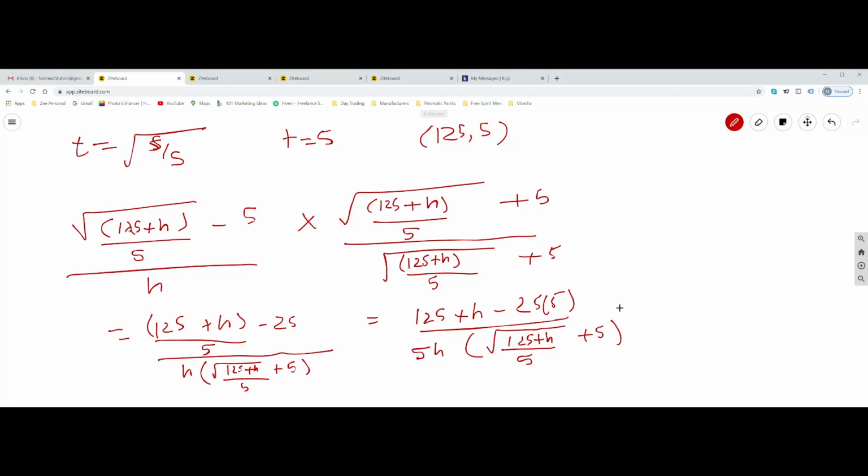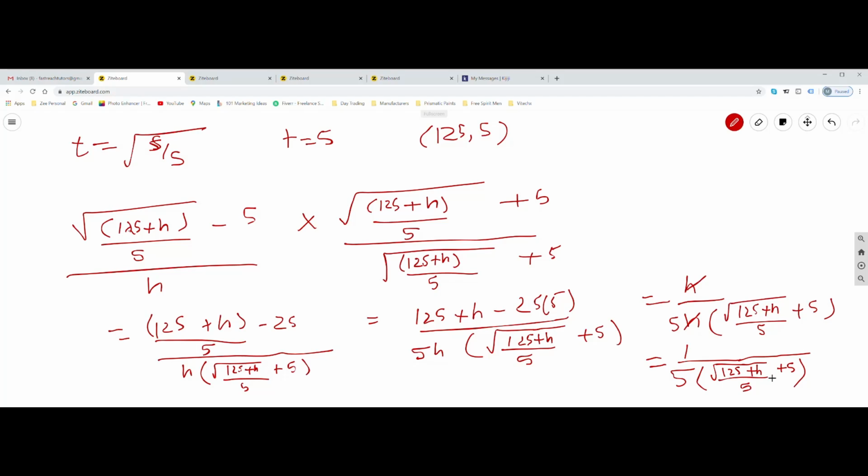You get h over h, plus 5. This cancels, and you're left with 1 over 5 times the square root of 125 plus h over 5, plus 5.